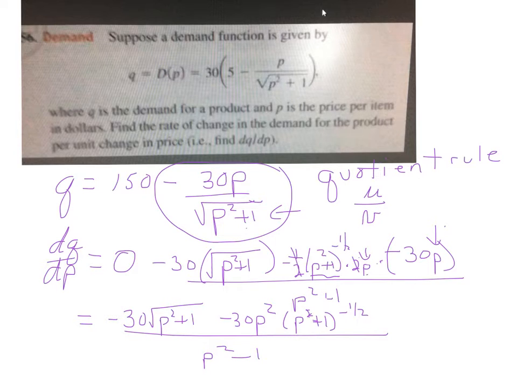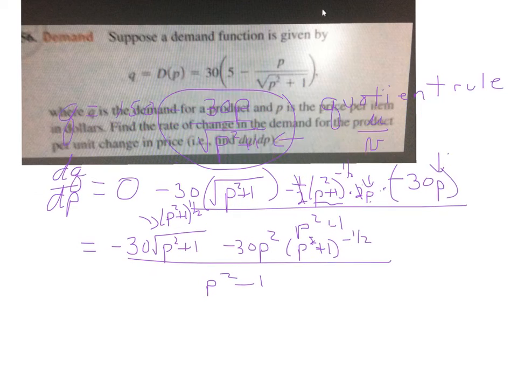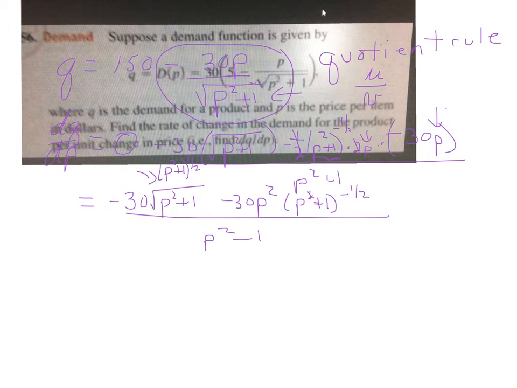So what we have to do is rewrite the square root function as an exponential with a fraction. So it's p squared plus 1 to the 1/2, which means the same as square root of. Let me move this up and show you what that's going to look like.